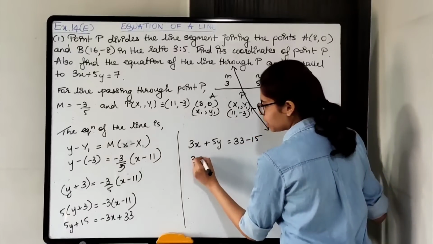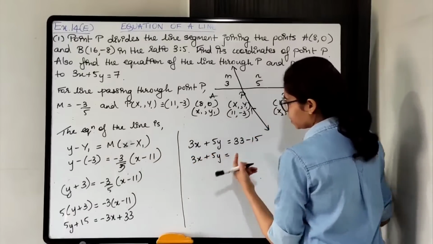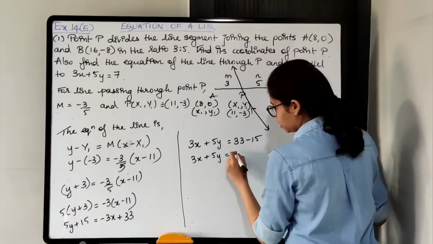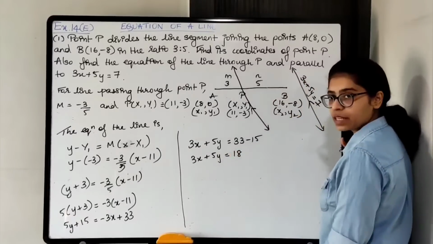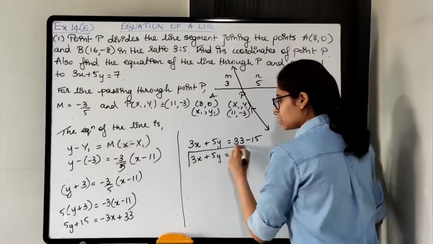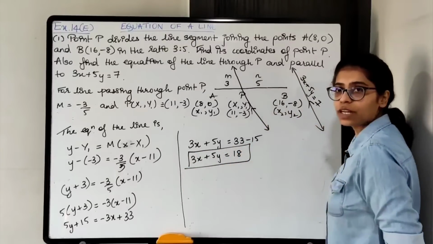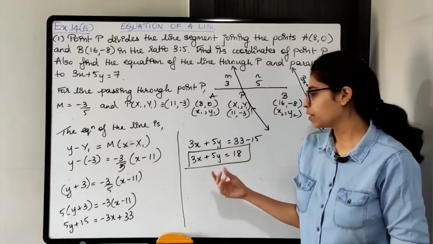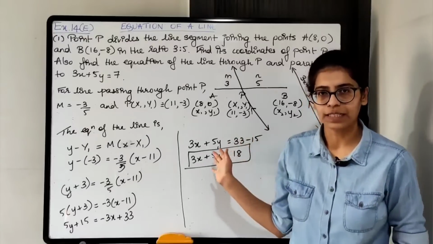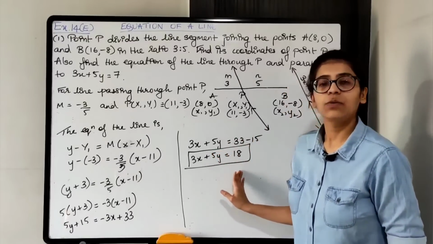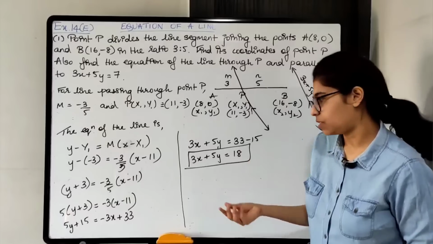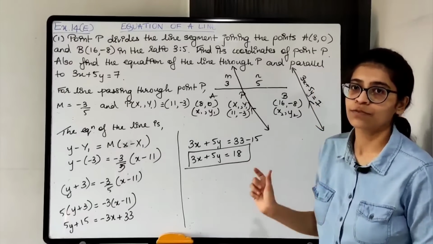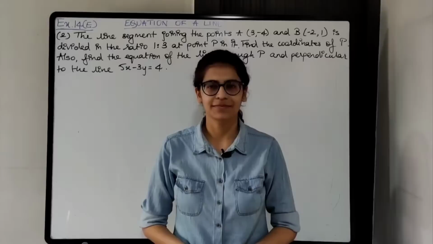So 3x plus 5y, 33 minus 15, that will give 18. Okay, I'll keep this as it is. This is the equation of the line. You can keep it in standard form also. Y equals to mx plus c के form में भी लेकर आ सकते हैं. Box the equation and write down the final statement. The equation of the line is 3x plus 5y equal to 18.